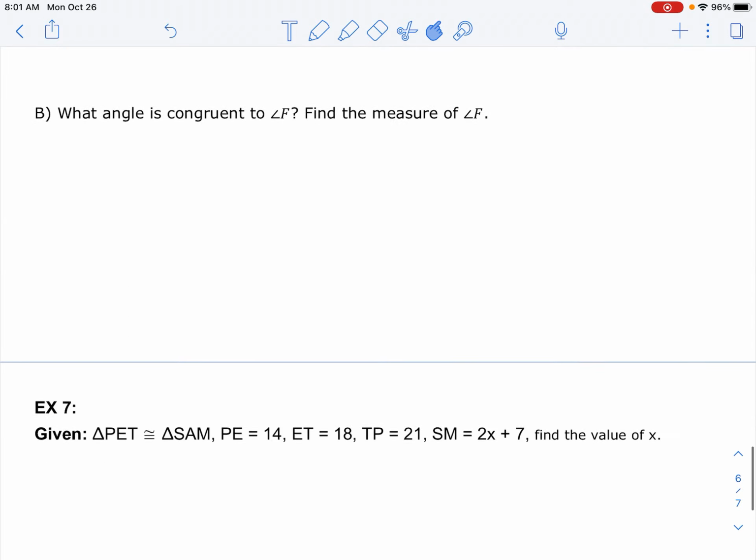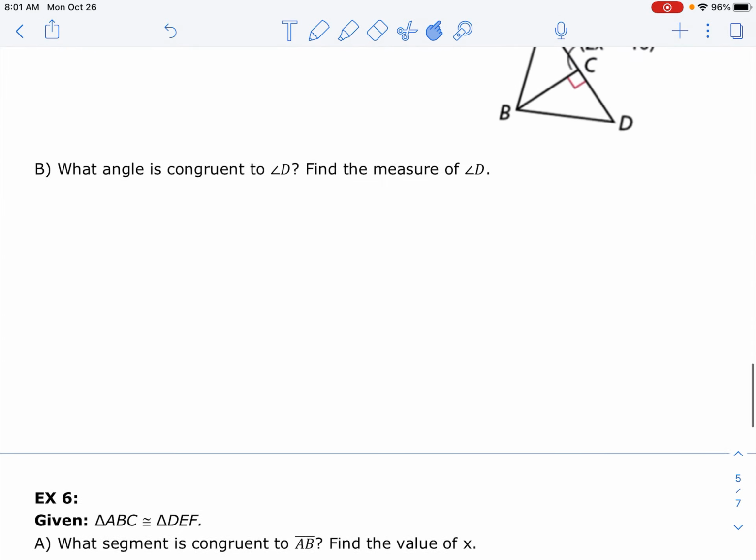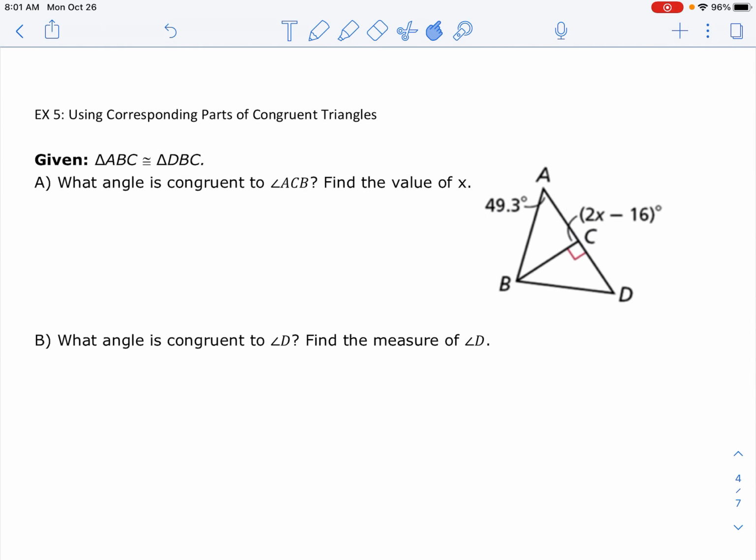All right, now we're going to use some pictures to solve some different things. Let's look at example number 5. You'll notice in this picture that it wants us to find the value of x. We can also find the value of d because we know that a and d have to be equal. We can do this 2 ways.